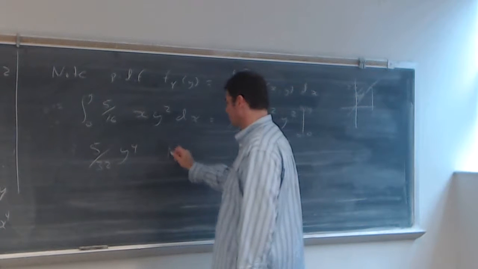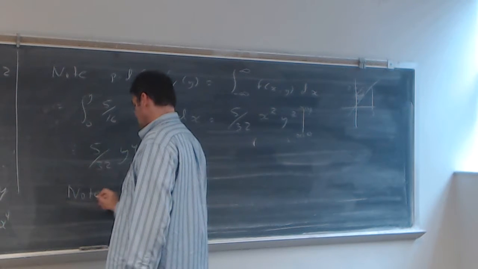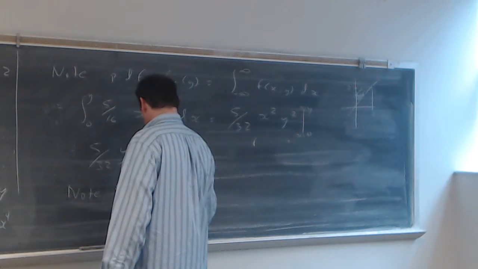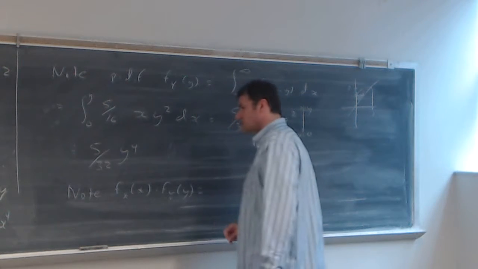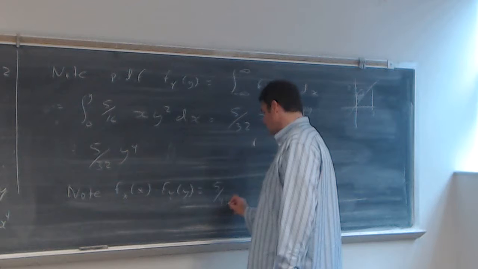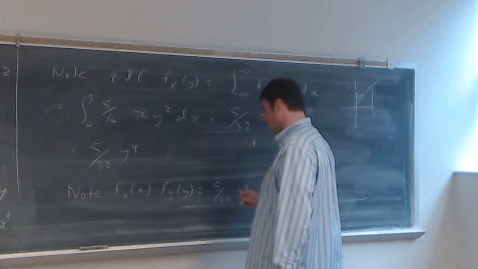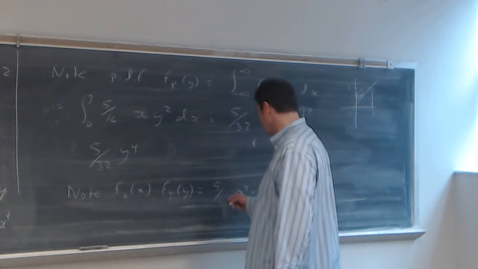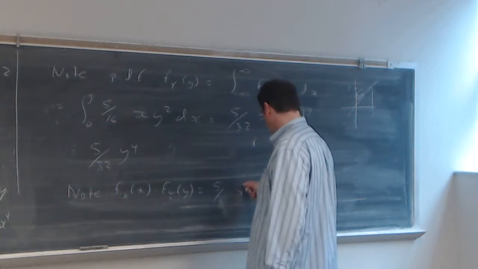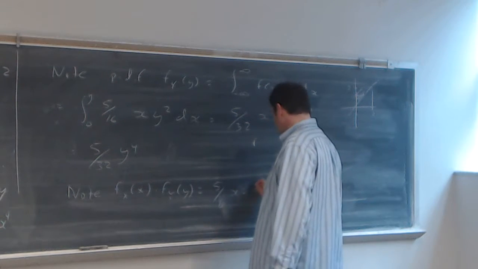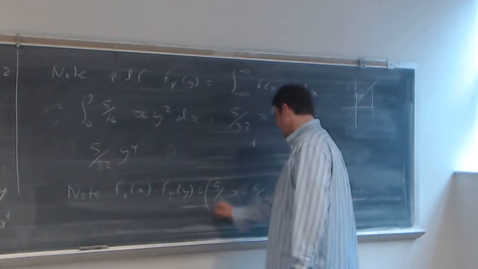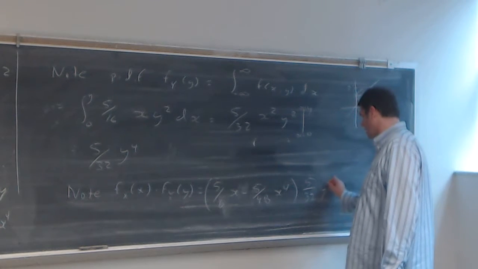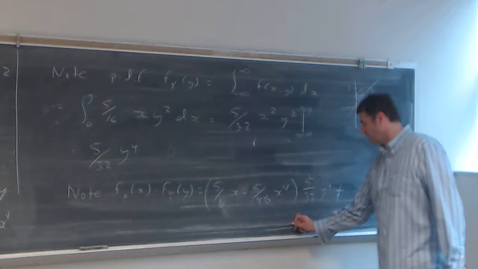So here's the thing to notice. f sub x of x times f sub y of y is equal to 5/6 x minus 5/48 x to the 4th, times 5 over 32 y to the 4th, and that is not the same as the joint.